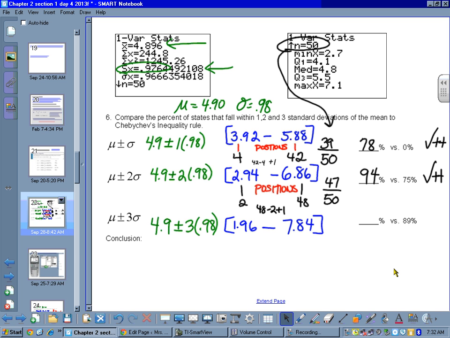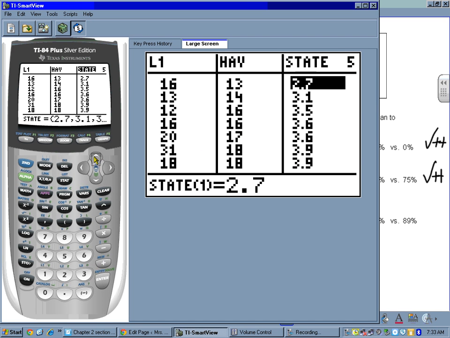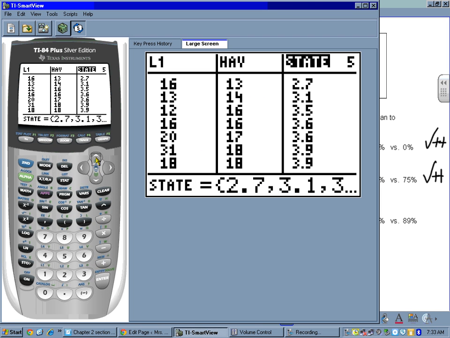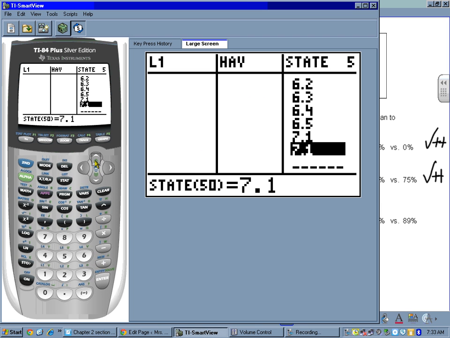Now I have to find those positions on my calculator, so again I'm looking for the positions of the data. I have to be at or greater than 1.96, and that is position 1. I'll put little arrows on here so people know what I'm doing. And then the 7.84, if we go up to the top, everybody's inside there.